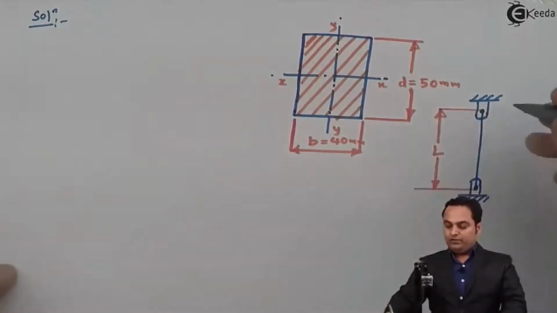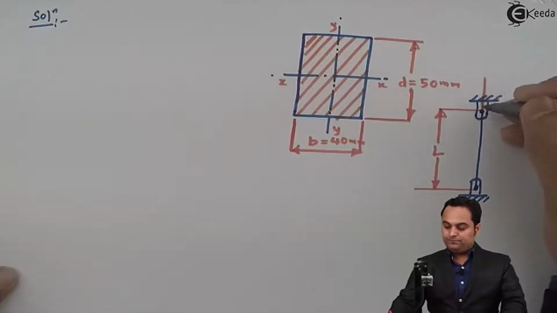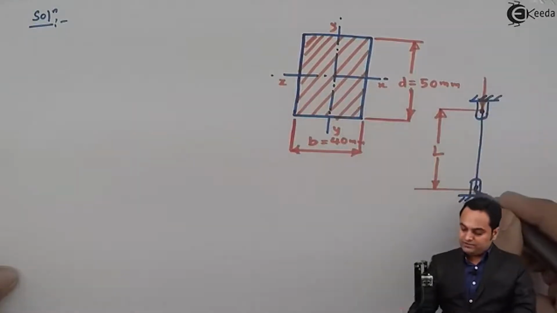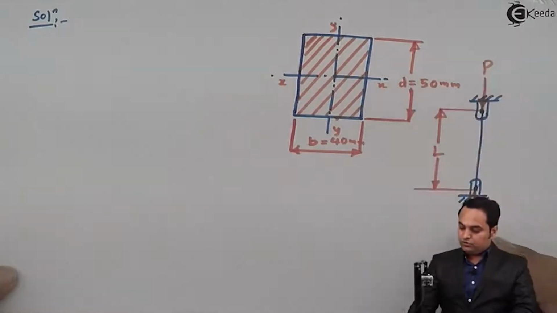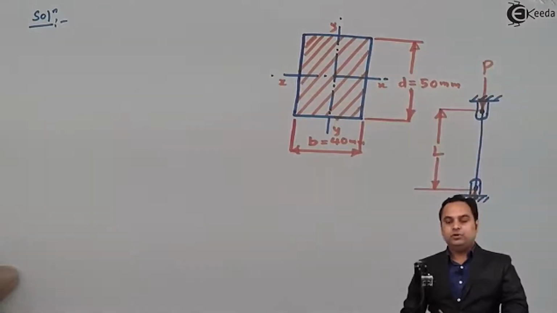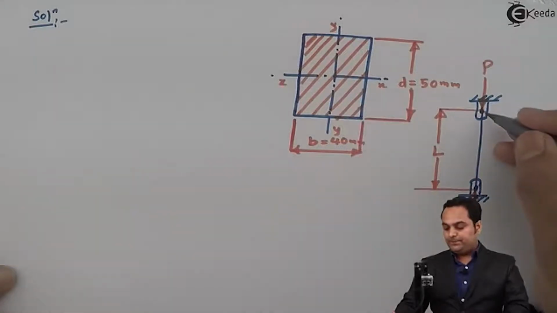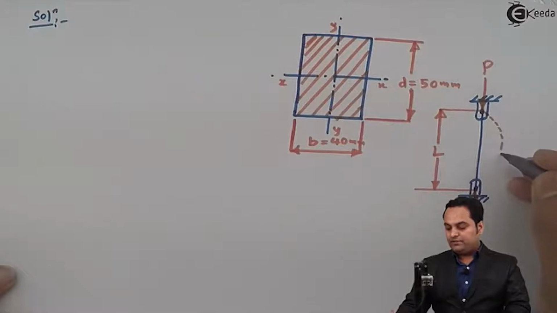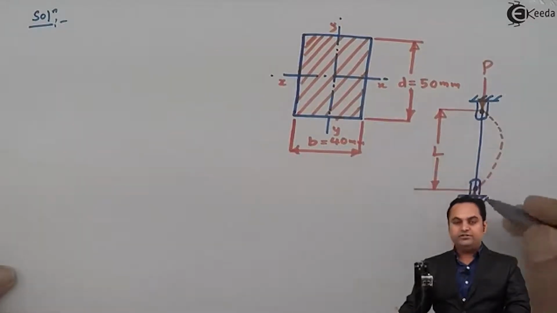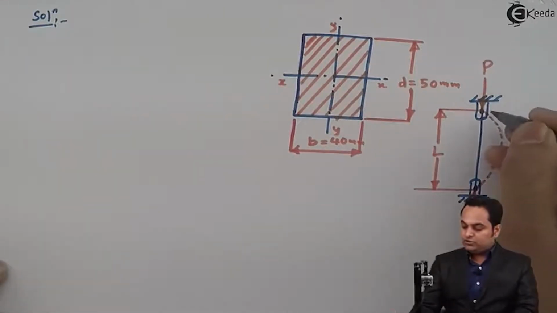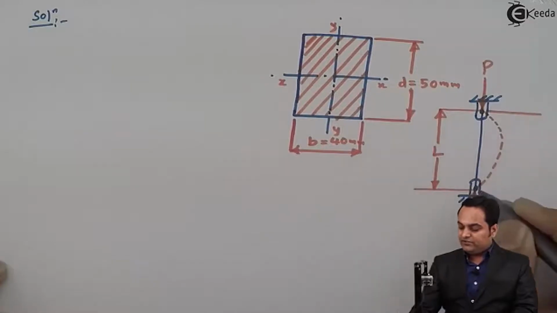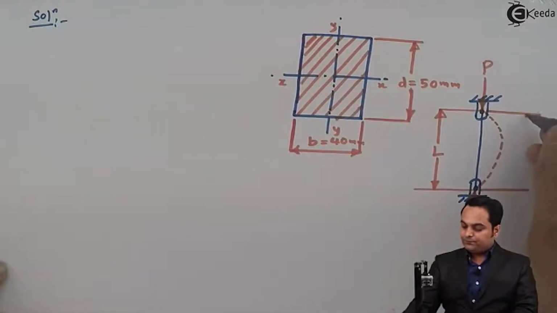Now, when load is acting over this column, and it is a compressive load from both the sides, under the action of this compressive load, this column will bend, and it will start bending from the hinged end, and it would be completed up to the hinge end. It means the total length is taking part in the bending, so this length would be called the effective length of the column.